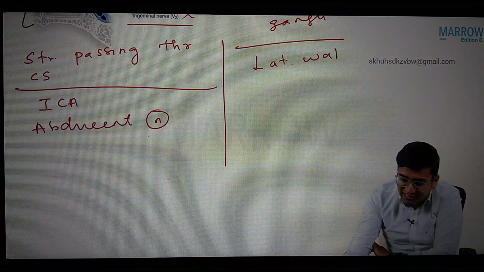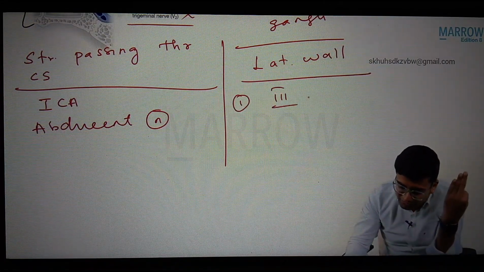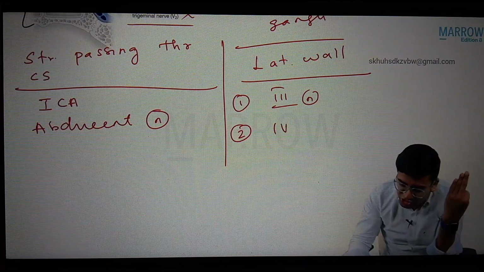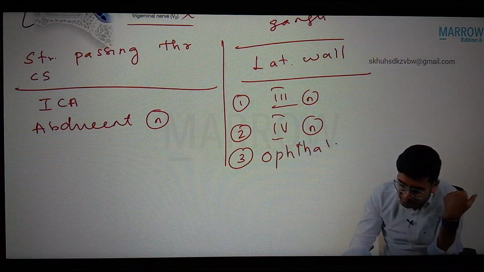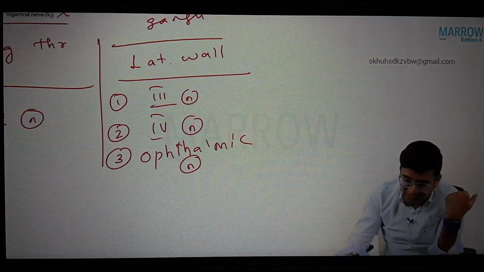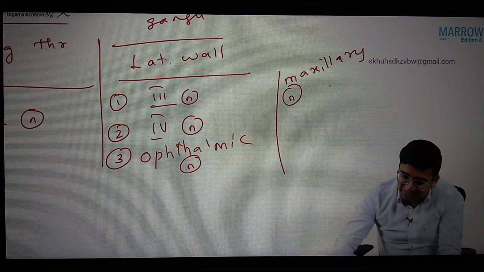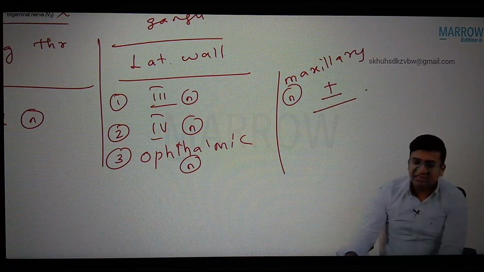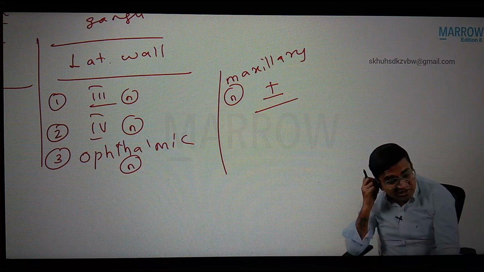Now the lateral wall of the cavernous sinus, we have number 1, oculomotor nerve. Number 2, trochlear nerve. Number 3, ophthalmic nerve. So please remember the maxillary nerve as a plus or minus option in the lateral wall of the cavernous sinus. Depending upon the other options, you have to select the answer.